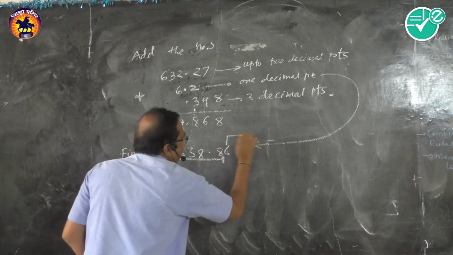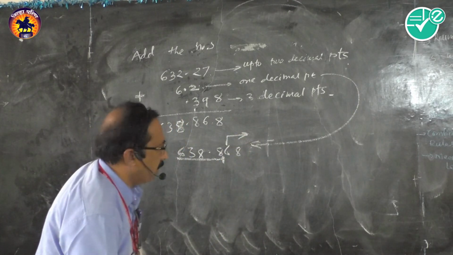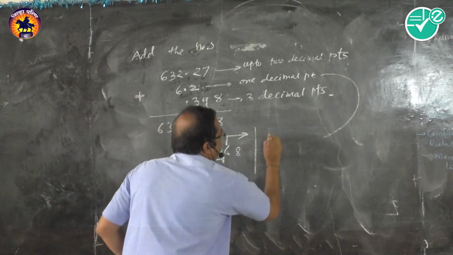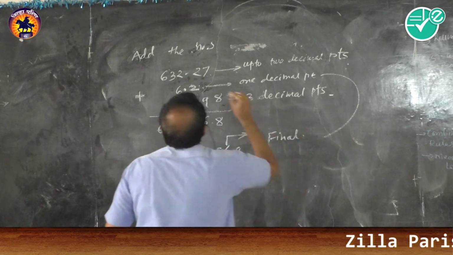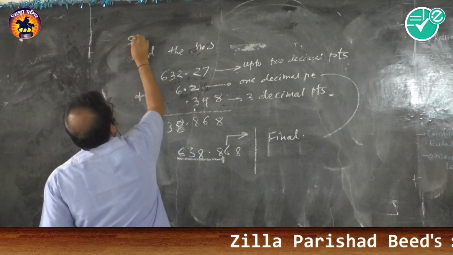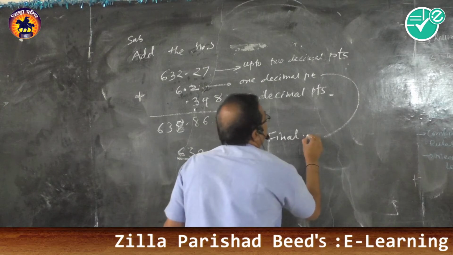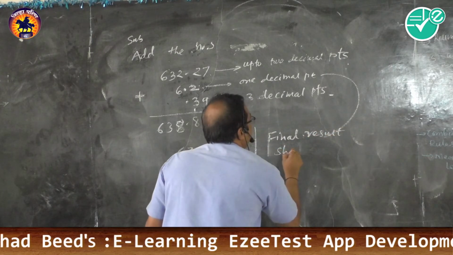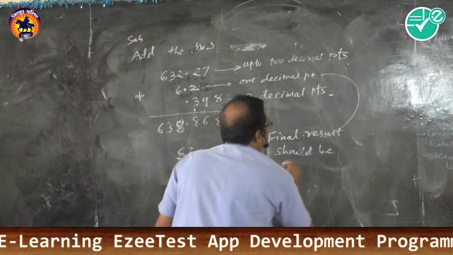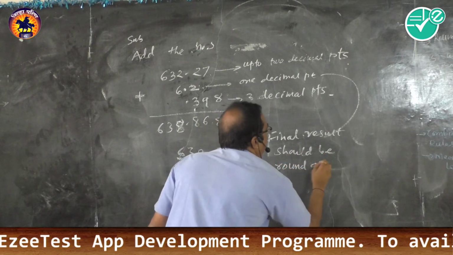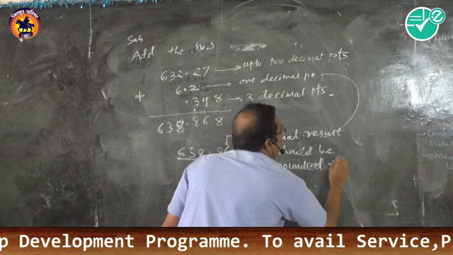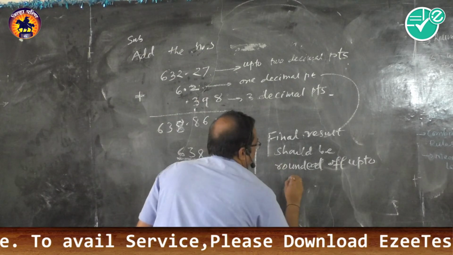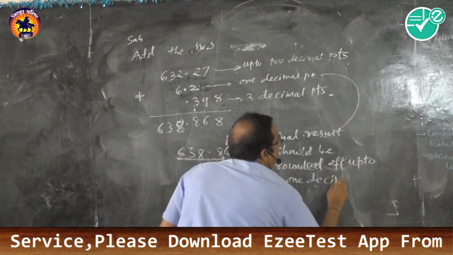That means the 6 is to be discarded, isn't it? So the final result by addition or subtraction: while the numbers are added or subtracted, the final result should be rounded off up to 1 decimal point.